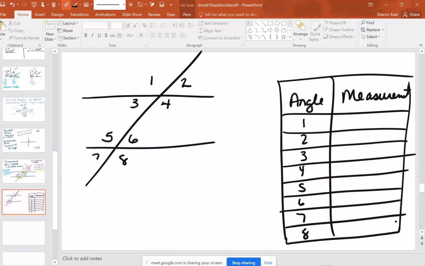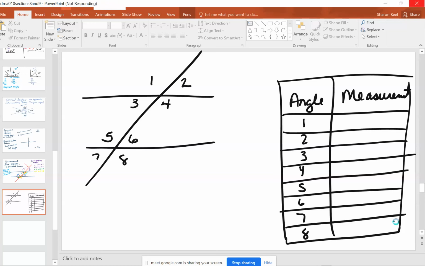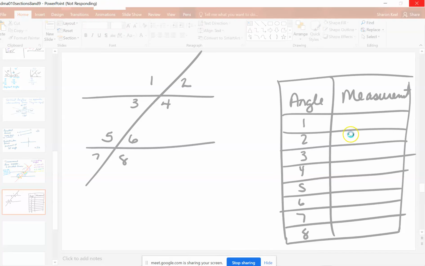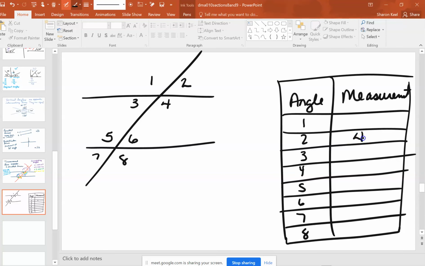Okay, they give us one measurement and they tell us that angle 2 is 45 degrees. So I'm going to label angle 2 as being 45. And actually, let me do these in another color.